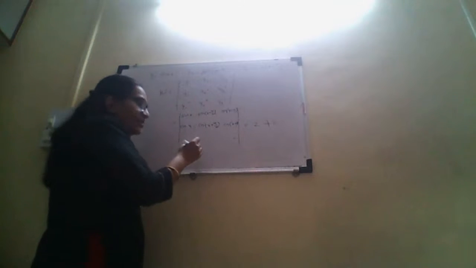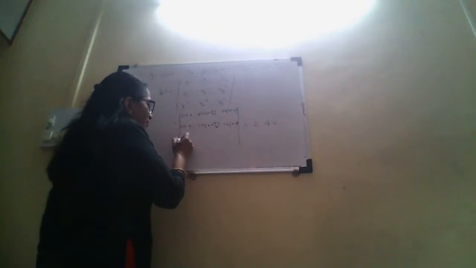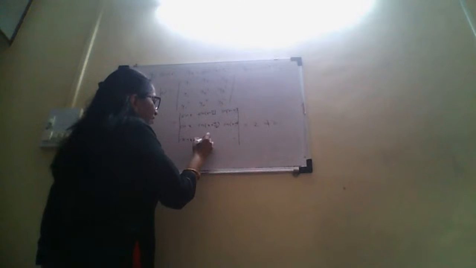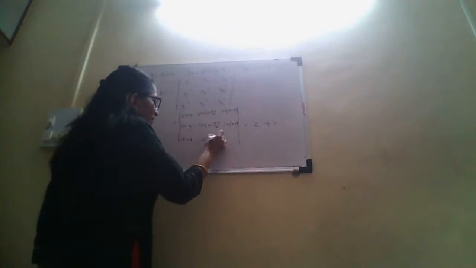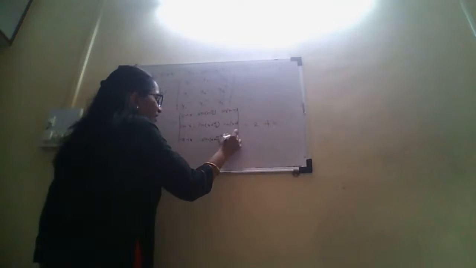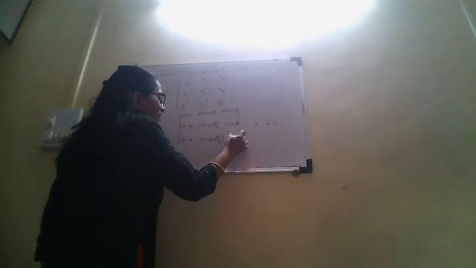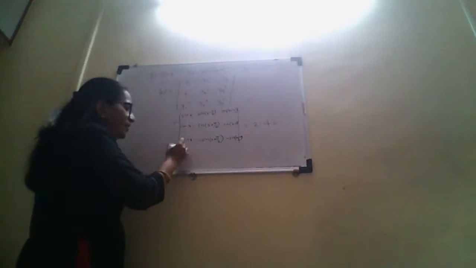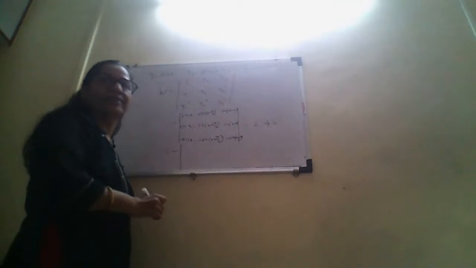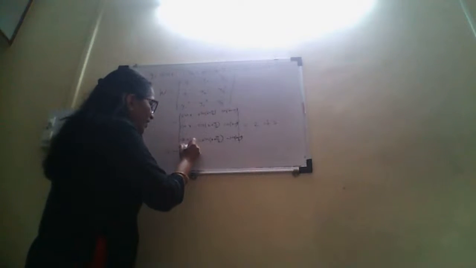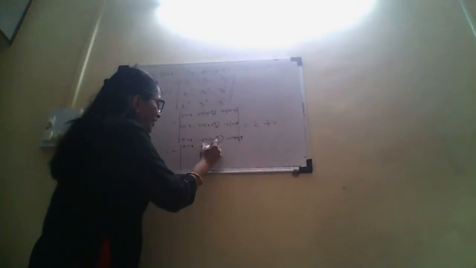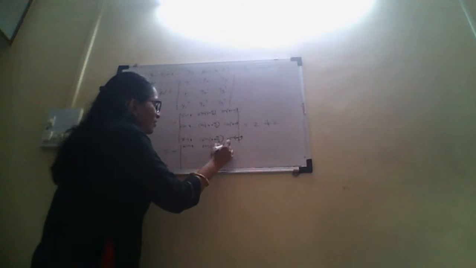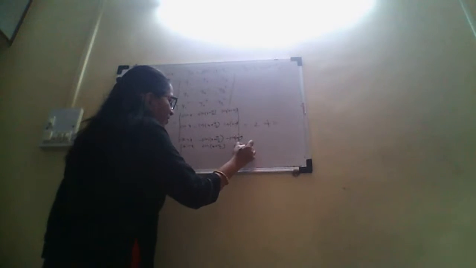Then the next row: minus sin x, minus sin of x plus pi by 2 and minus sin of x plus pi. Now if I shift this minus sign outside, then over here I'll get sin x, sin of x plus pi by 2 and sin of x plus pi.